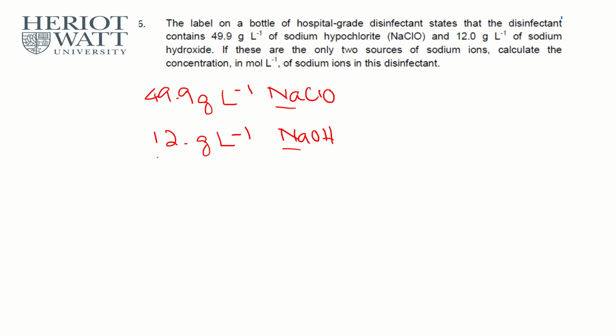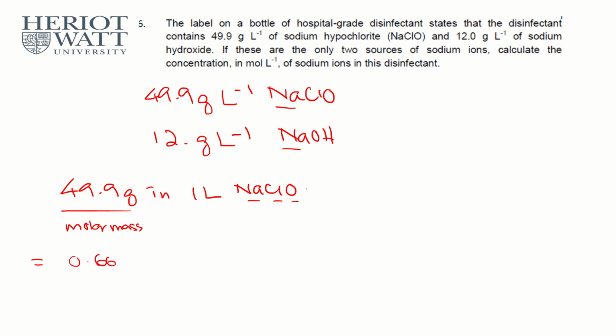So let's start with 49.9 grams in 1 liter of NaClO. In 1 liter of NaClO, you're expected to have 49.9 grams of NaClO. Then we divide 49.9 grams of NaClO by the molar mass of NaClO, 23 plus 35.5 plus 16. And then you get the mole, which is 0.669 moles.